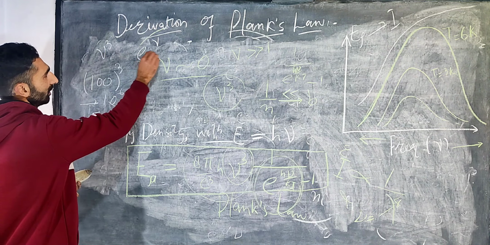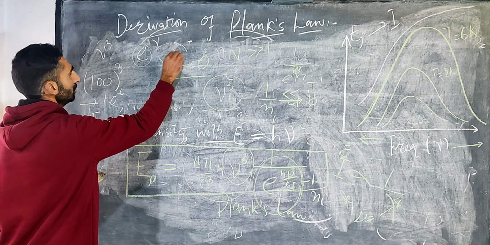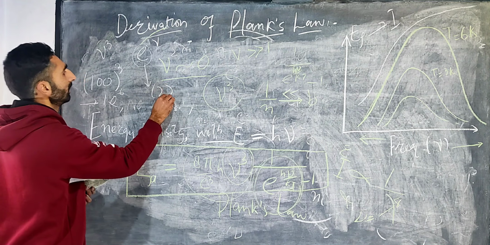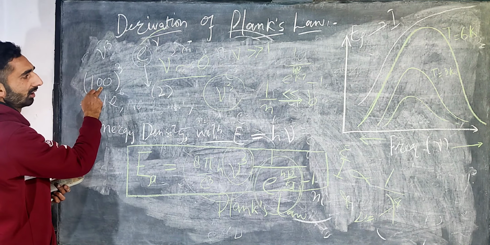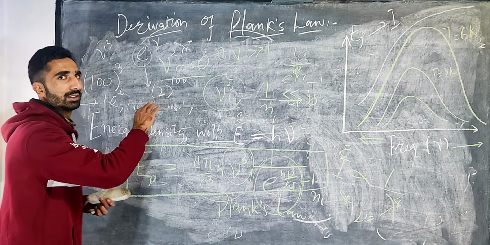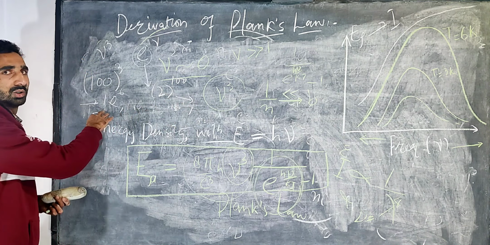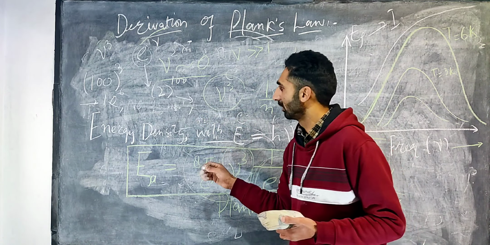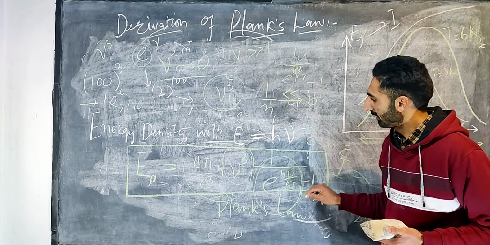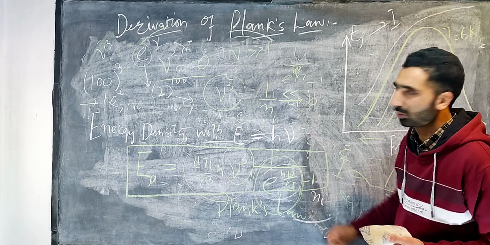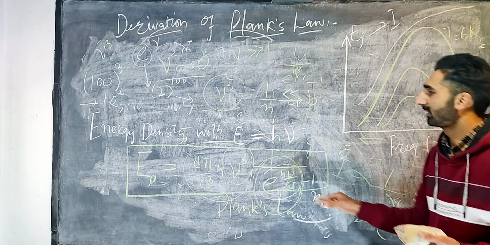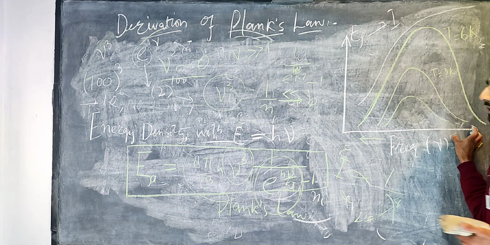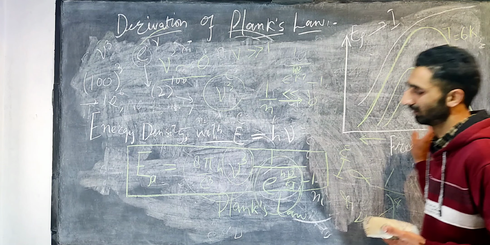But e is approximately 2.14, so taking this as 2 to the power nu, and nu here is 100, we get a result that is very much huge compared to this term. So for larger values of nu, the dominating term will be the exponential. In that case we will get lower energy density, which is in accordance with the graphical representation done by experiments.